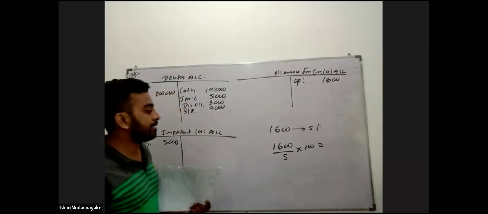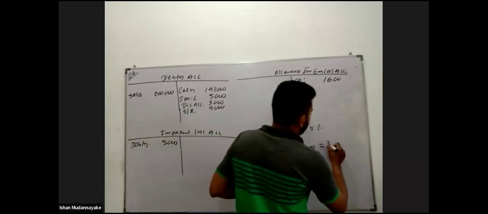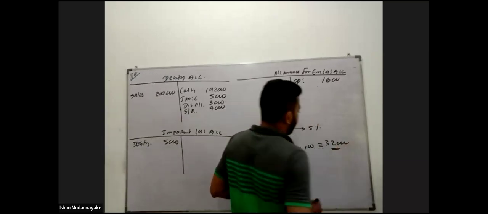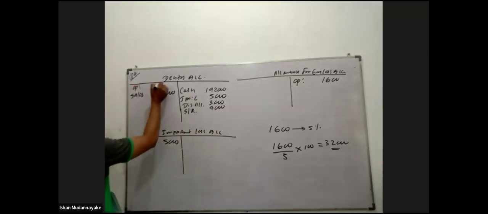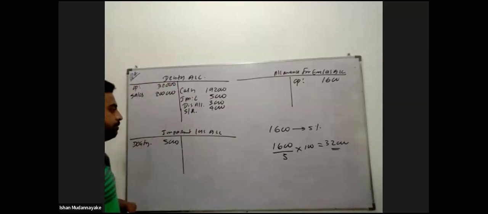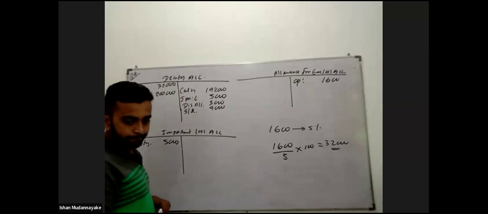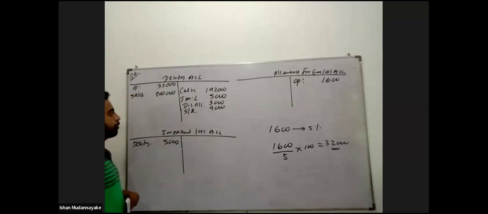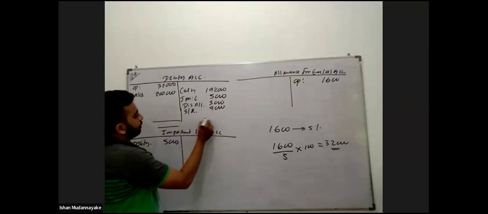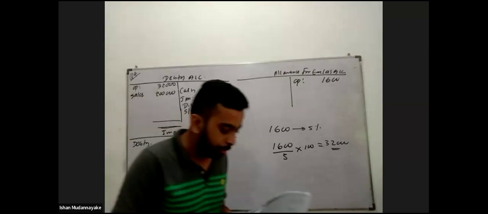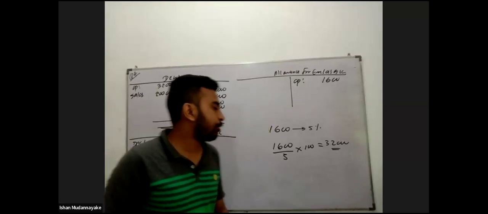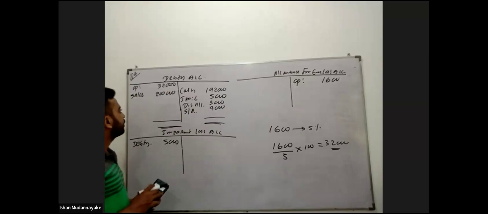The opening debtors balance is 32,000. Now that you have calculated the opening debtors balance, you can calculate the closing debtors balance, and based on that, the closing allowance for expected loss.